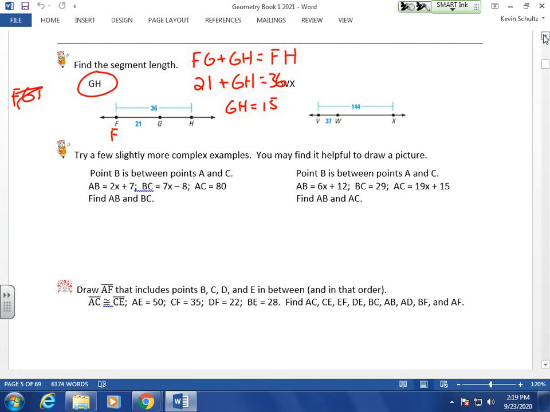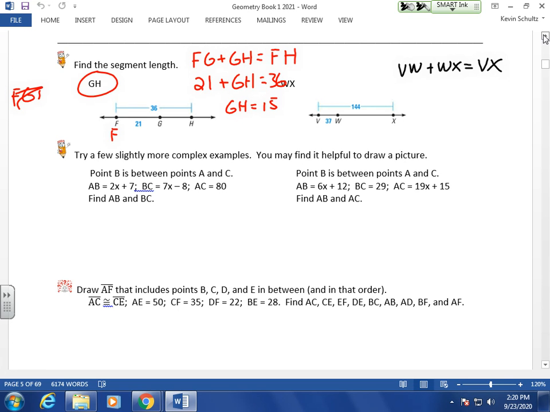I'm just going to say VW plus WX equals VX? Yes, VW plus WX has to equal VX. Undisputable because of the SAP. And if someone says, well, I don't agree with the segment addition postulate, well, they can't, because it's a math rule, it's a math law. Okay.